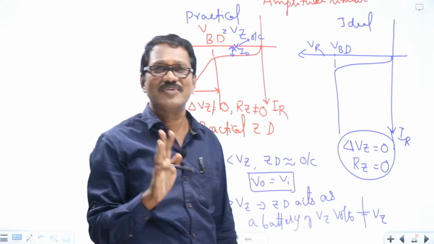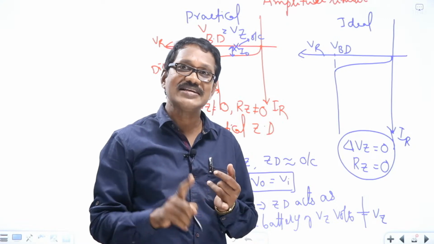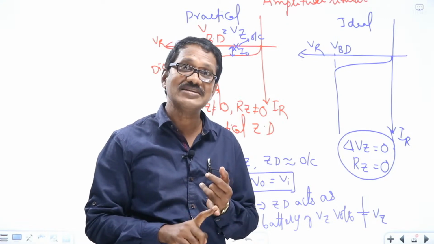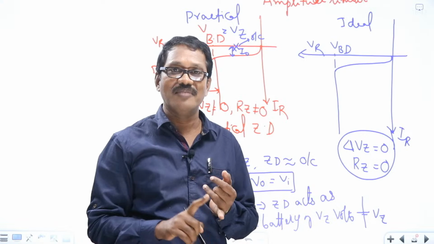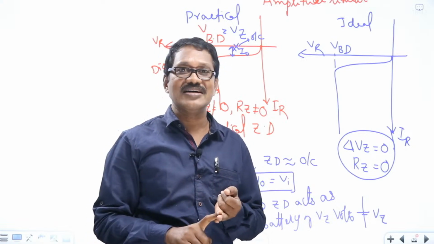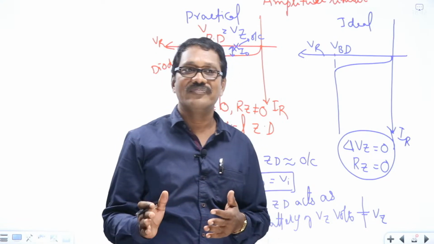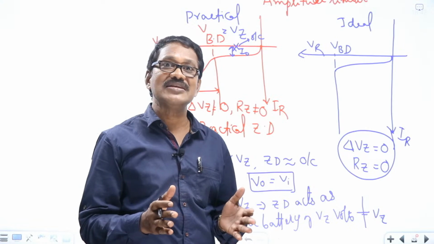Three cases must be observed. One is, when it is forward biased, it acts as a normal diode, that means it can be replaced by 0.7 volts, V gamma equal to 0.7 volts. The second case is, if it is reverse biased but not in breakdown, before breakdown, then it can be replaced by an open circuit.